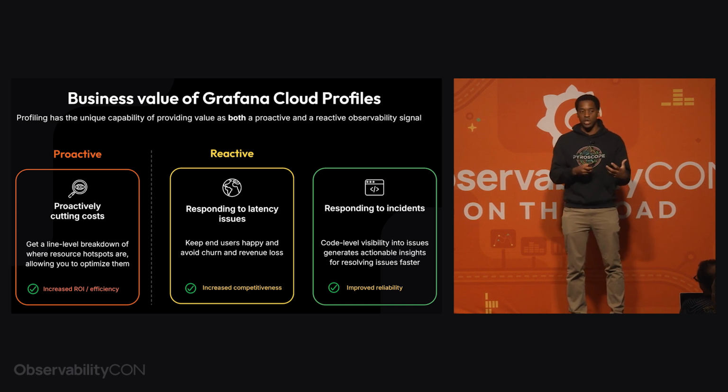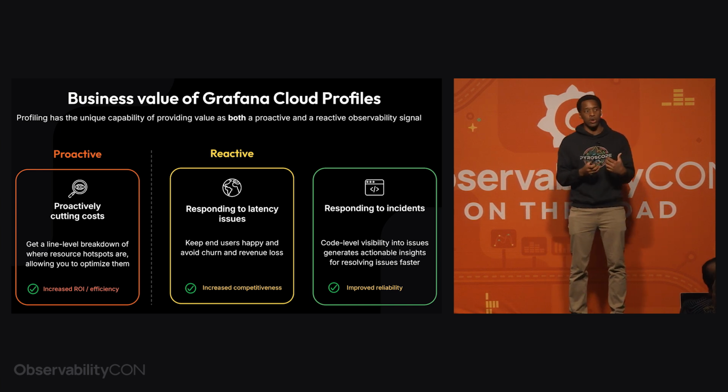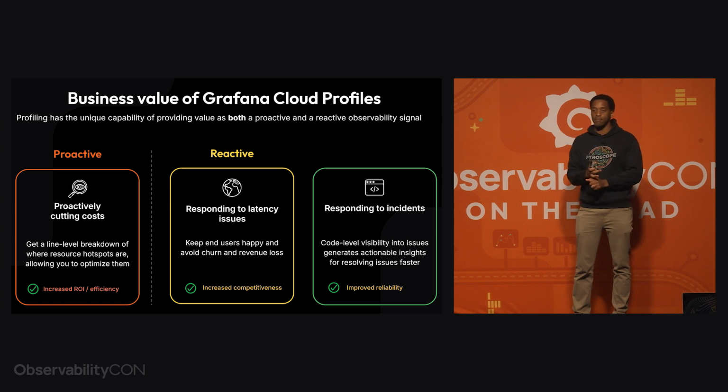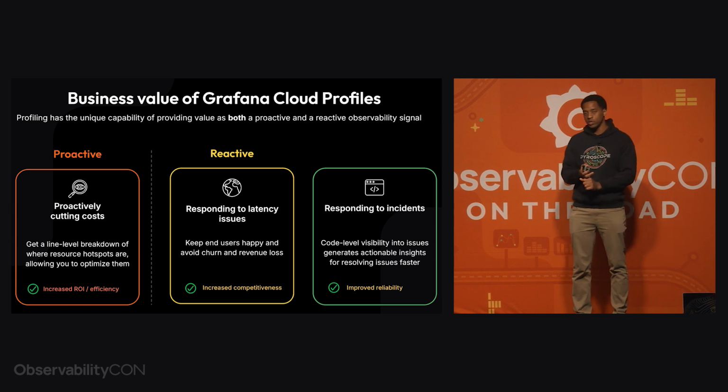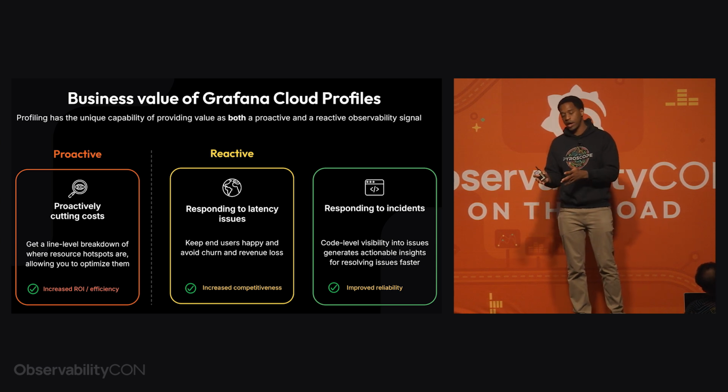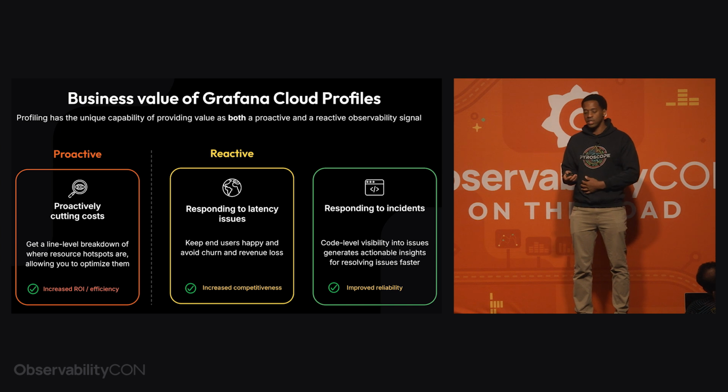Typically, metrics, logs, and traces tend to have value when you're reacting to something, and profiling has value before something even goes wrong. We most often see that in the form of cutting costs, but we also see that in the form of getting rid of latency proactively or reactively, and then obviously responding to incidents.